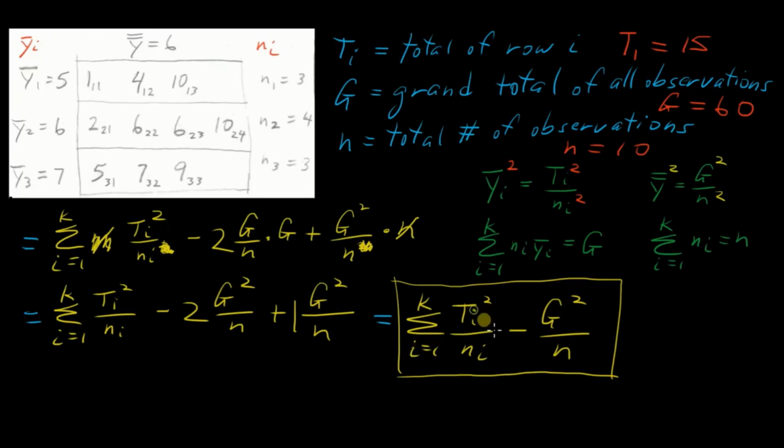So this is the computational formula for SSB. And again, just like the last one, if you try doing it with the defining formula, well, the defining formula is just way more busy work. It's way more of a pain in the neck.